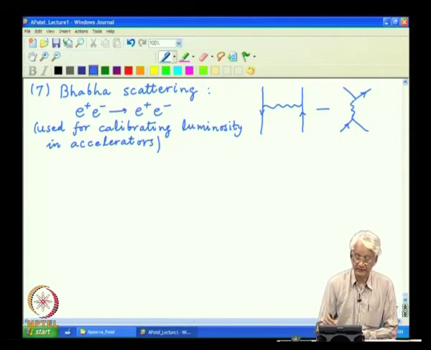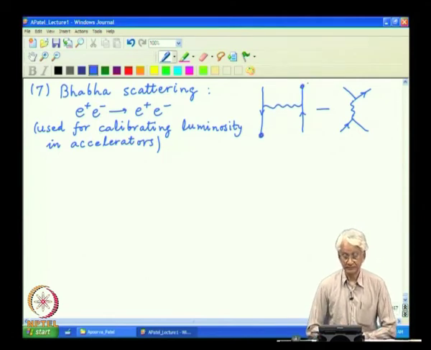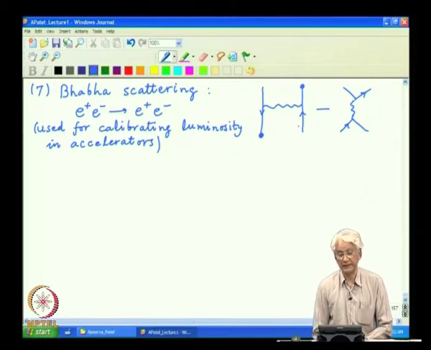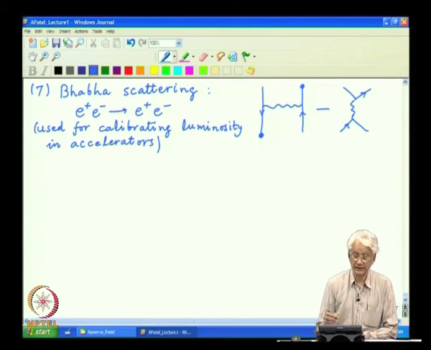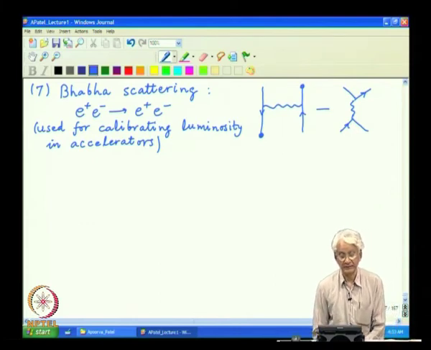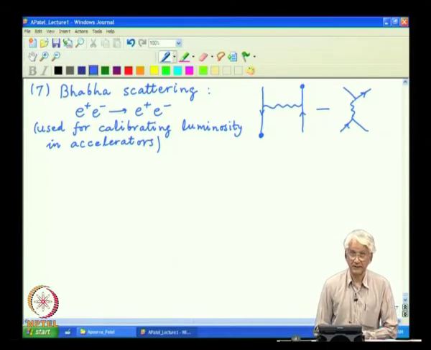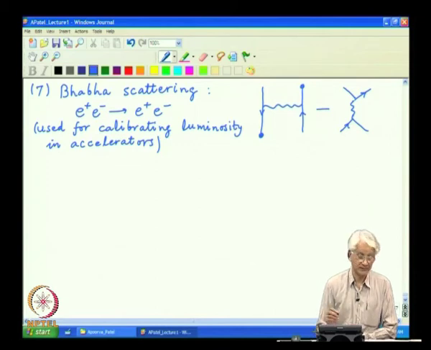And for example, I am marking the two ends which can be interchanged to produce one diagram from the other one, and they can be either the two incoming lines or the two outgoing lines. Since these are again related by exchange of indistinguishable states, the relative sign is the Fermi statistics sign, which is negative.